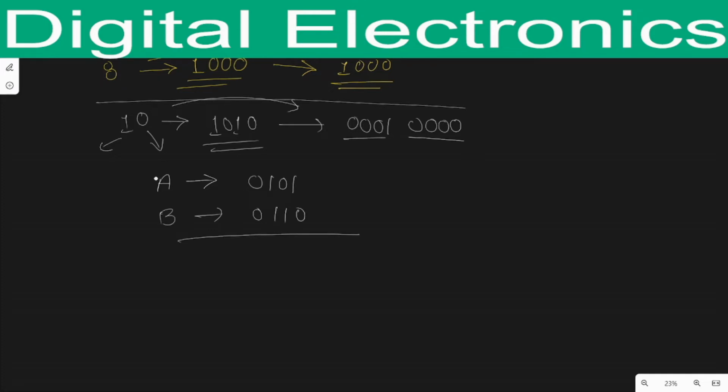There are two BCD numbers. This one is the representation of 5, this one is the representation of 6. When I want to add these numbers, what will we get in the answer? 1 plus 0 equals 1, 0 plus 1 equals 1, 1 plus 1 equals 0, carry 1.